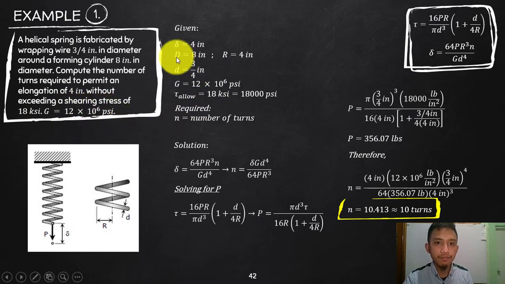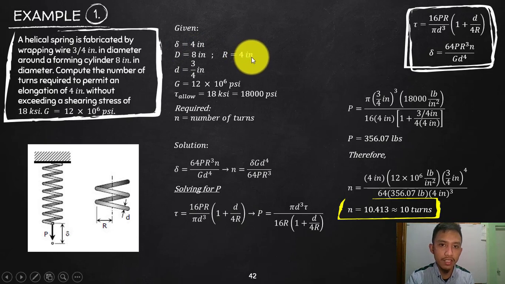So the deformation is limited to 4 inches. That is required in the problem. The dimension of our helix is 8-inch diameter, so that will give us a 4-inch radius. The diameter of the wire is 3/4 inch, and the G for that certain material is 12 times 10 raised to 6 psi.